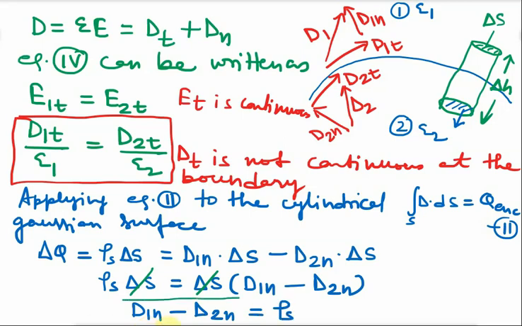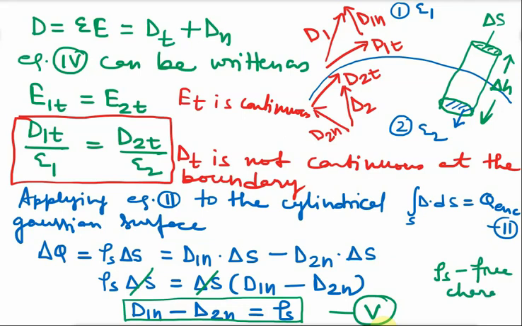This is another boundary condition, D1n minus D2n equals rho s, and let's say this is equation 5, where rho s is the free charge density placed at the boundary.